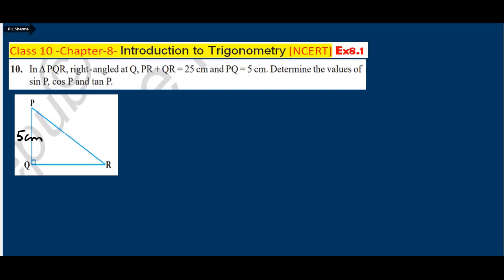And it is given PR plus QR is equal to 25 centimeter. Let QR be equal to X centimeter. This is X centimeter.